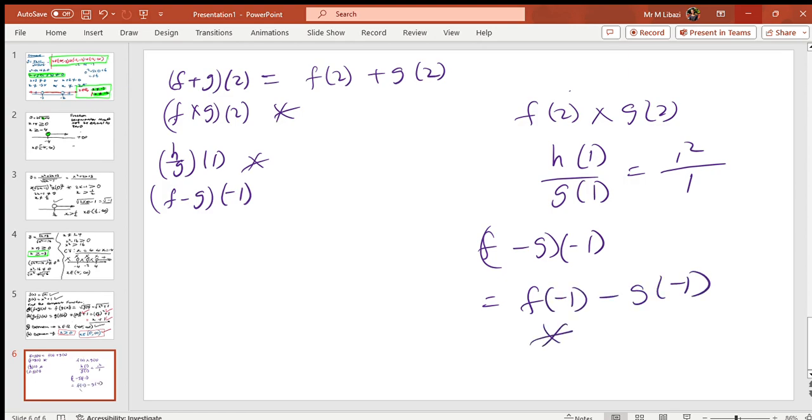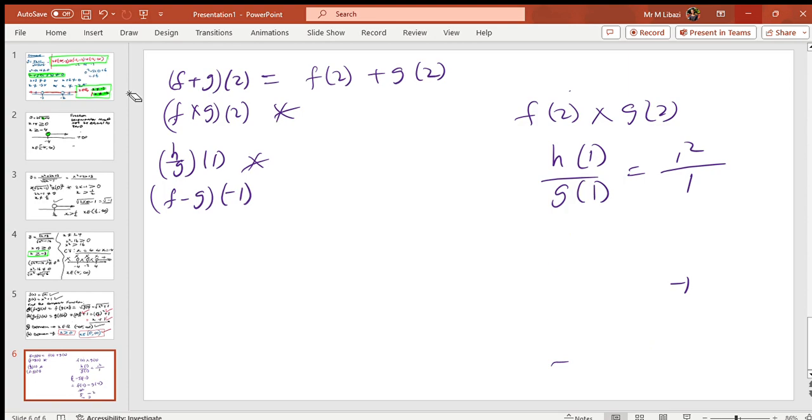Inside f you substitute and get an answer, let's say 5, minus the substitution in g of x, let's say you get 2. You subtract those and you get 3. So that's what is happening there. I'll pass on that unless you have questions. So that's how you do that.